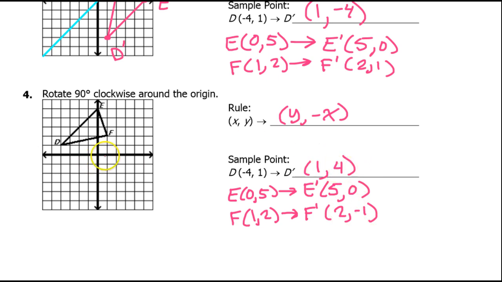So 1, 4 would be right here. 5, 0, and 2, negative 1. So this will be D prime, E prime, and F prime.